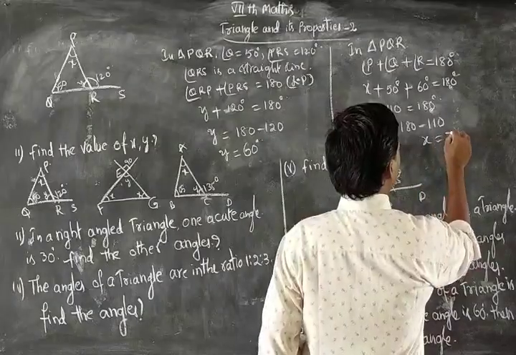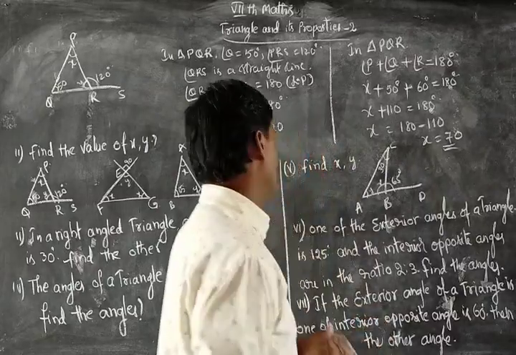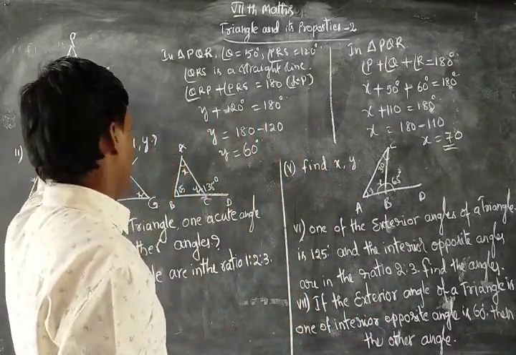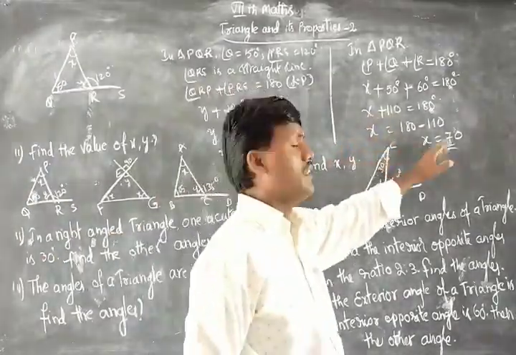Therefore x equals 70. So we got the x value. What did he ask? He asked us to find the x and y values. We already found the y value 60 and the x value 70.